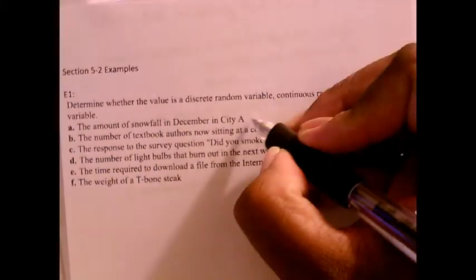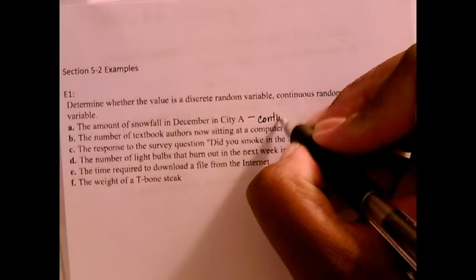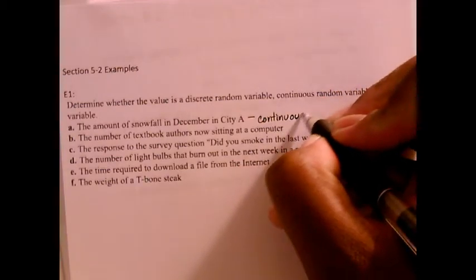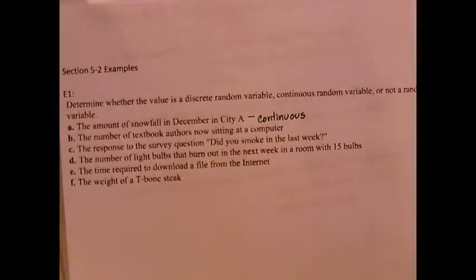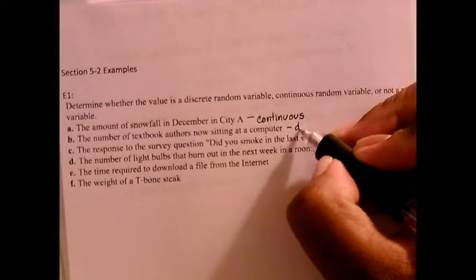So this would be a continuous random variable. Part B is the number of textbook authors now sitting at a computer. That's something we can count, so this would be discrete.